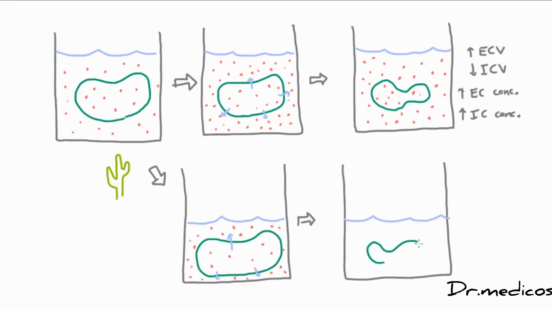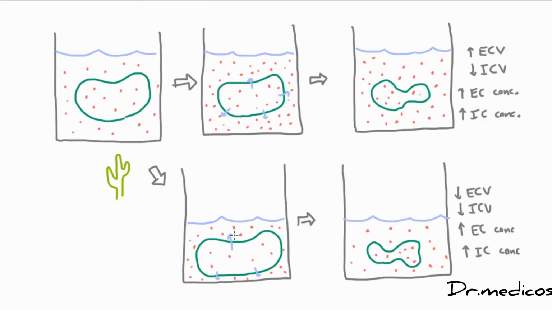Now our cell is more shriveled up, and we've got our solutes floating around such that the concentration inside and outside is the same. So if we compare this situation to this one, we see that we have actually lost extracellular volume, lost intracellular volume, but we've gained extracellular concentration and gained intracellular concentration.